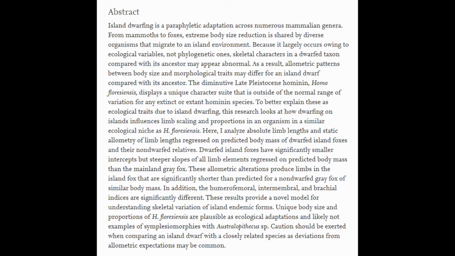So the dwarfed island foxes have significantly smaller intercepts but steeper slopes of all limb elements regressed on predicted body mass than the mainland grey fox.